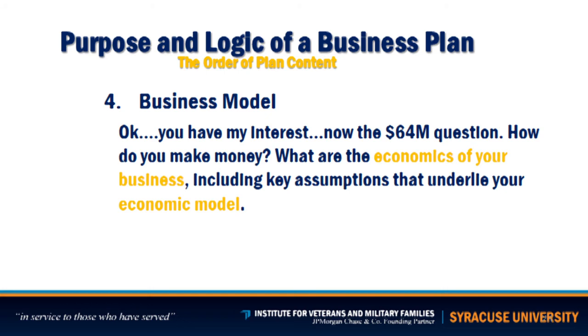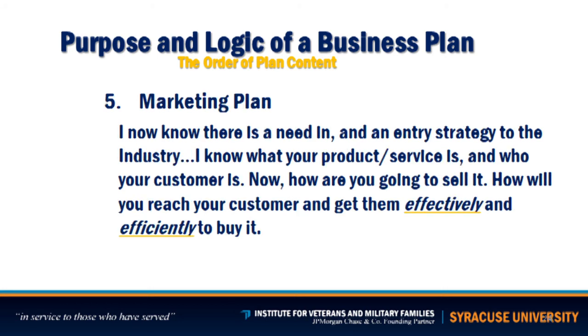So once you identify that your business is viable, then you want to talk about the marketing plan. You explain that there is a need and an entry strategy to the industry, you know what products or services you have and who your customers are. Now you have to sell those. And how will you sell this? You are going to explain it in the marketing plan.